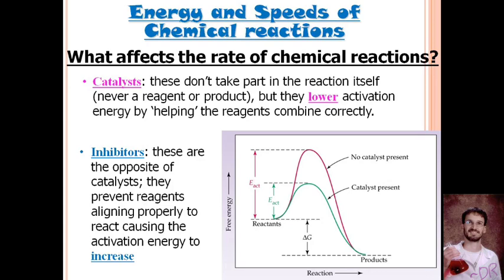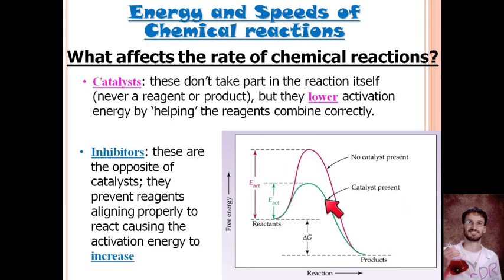Inhibitors do the opposite. Inhibitors prevent the molecules from hitting each other in just the right way to react, which means it would take more activation energy to cause them to collide in the right way. So if we look at this reaction down here, if the red one was normal, it would require this much energy to react.